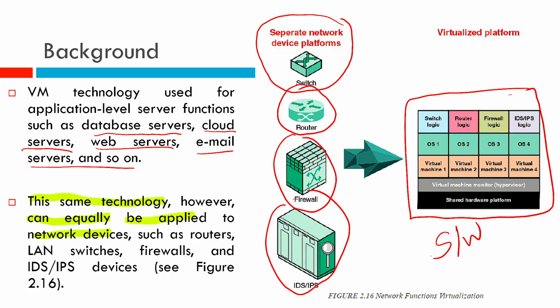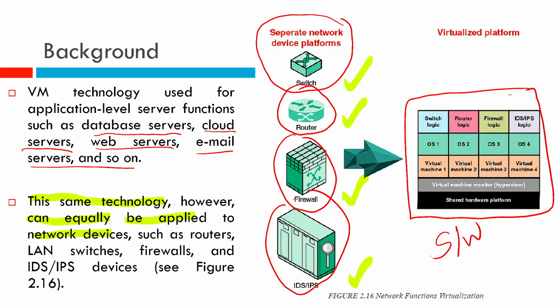So far we have seen only database server, cloud server, web server, email server, and so many other services. But we can also use it for these devices: switches, routers, firewalls, IDS and IPS, intrusion detection system and intrusion prevention system. Let's see one by one.